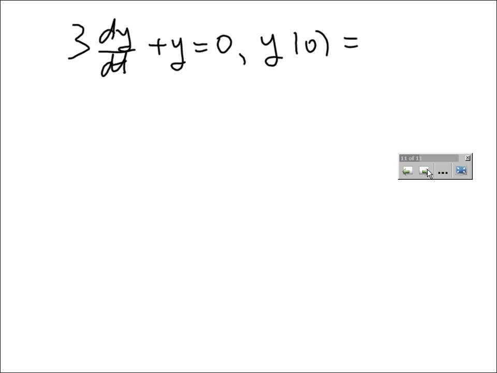So now, suppose you have 3 times dy dt plus y is equal to 0. And y of 0 is 4. So we take L of both sides. To save space, let's do that right here.